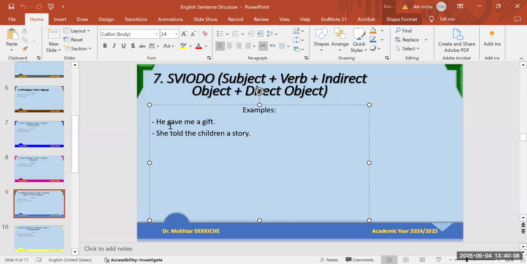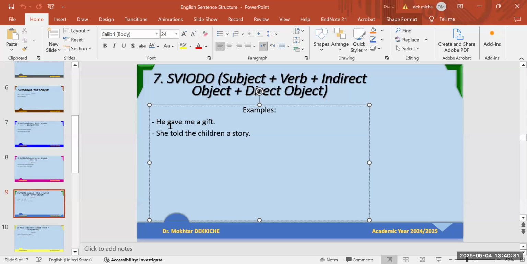So, which is very simple and which is very clear. I think that first one is clear. When we say he gave me a gift, it is better pronounced and better expressed than when we say he gave a gift to me.